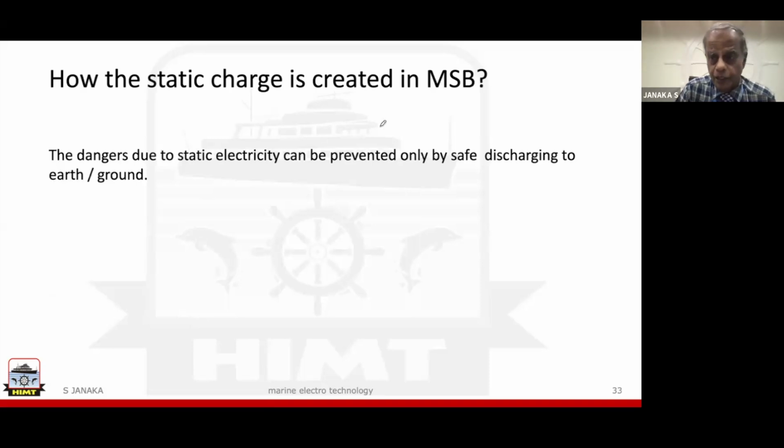How is static electricity produced in the MSB? You have three bars. Sorry, my hand movement is a little shaky.